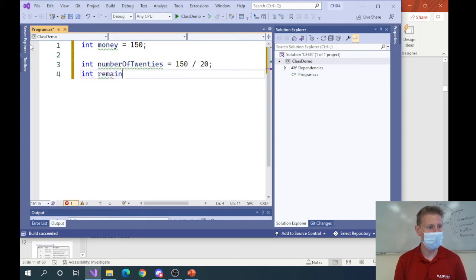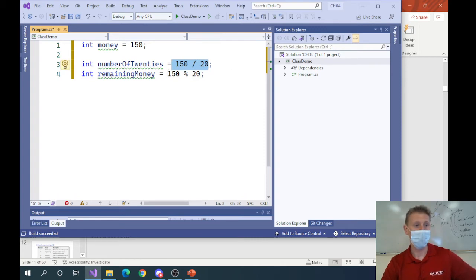Int remaining money equals 150 mod 20. So you would get integer division here to get your 7, and this would be remainder of 10 with $10 left over. So you get 7 $20 bills with $10 left over. So again, integer division and modulus can be used to solve problems if you understand how they work.